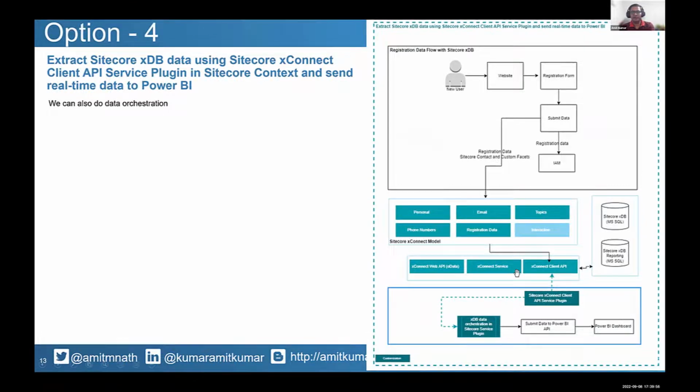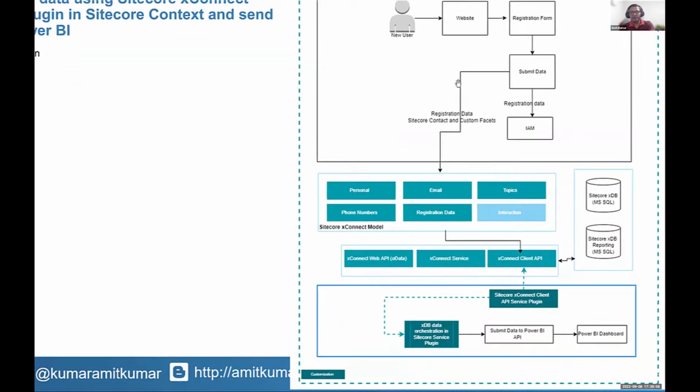And another option is this: when you are performing this operation where you are sending the data to the xConnect and the custom facets, once data is pushed to the xConnect, for example, when you are creating any contact in Sitecore xConnect, you will first be creating an add contact, right?